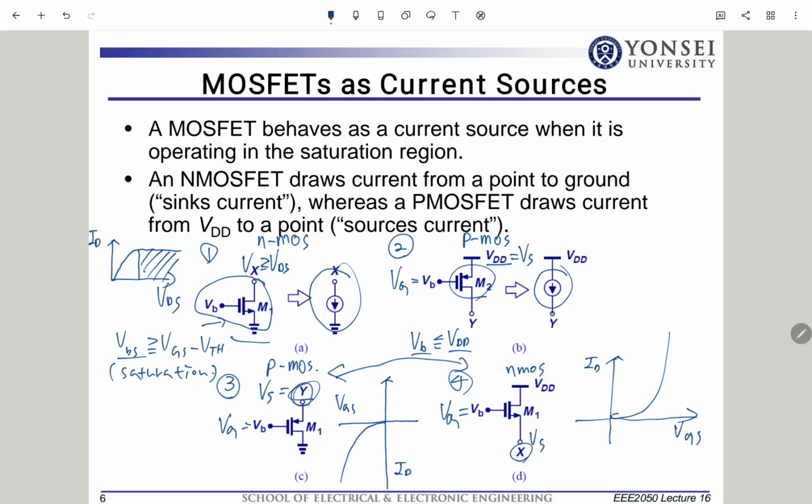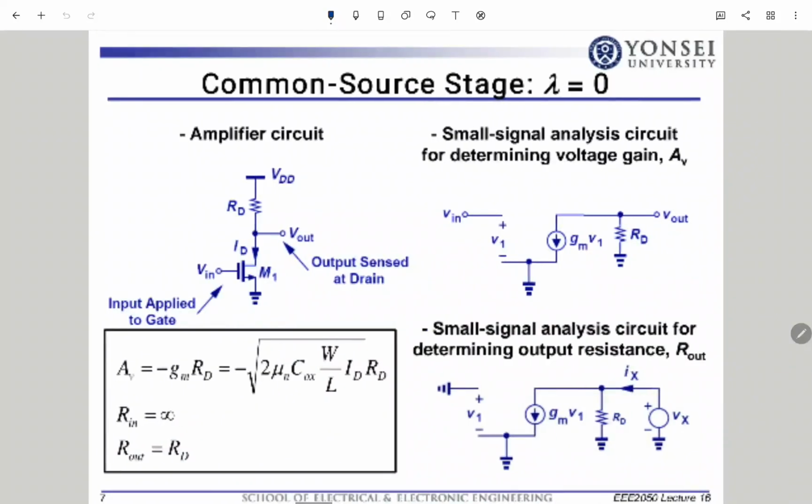Okay, all right, let's move on. Here, let us talk about the common source stage when lambda is equal to 0. Here we have an amplifier circuit. We apply the input to the gate, and we sense the output from the drain side.